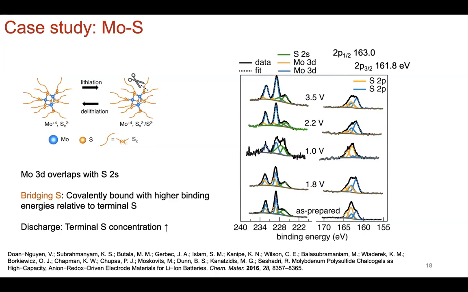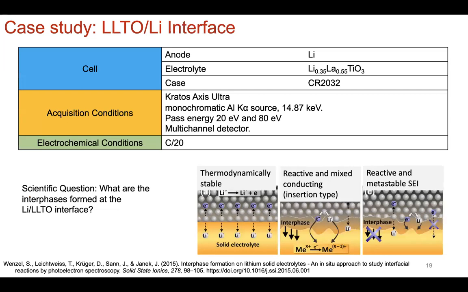Okay. So another case study that's pretty powerful for the use of XPS is to understand interfacial phase evolution upon lithiation, or in this case, the deposition of lithium onto a solid electrolyte. We talked about lithium lanthanum titanate before as a solid electrolyte that is in the middle in terms of ionic conductivity.